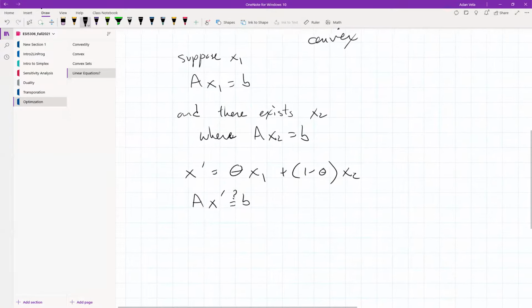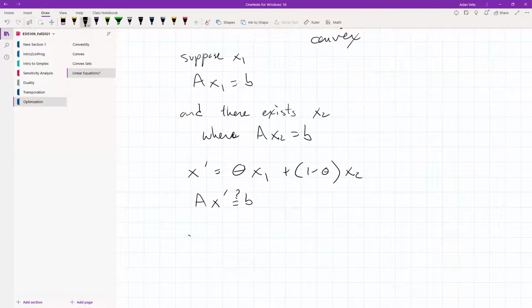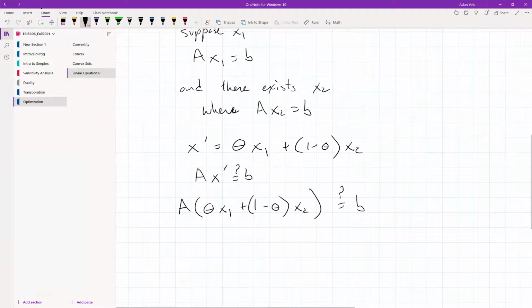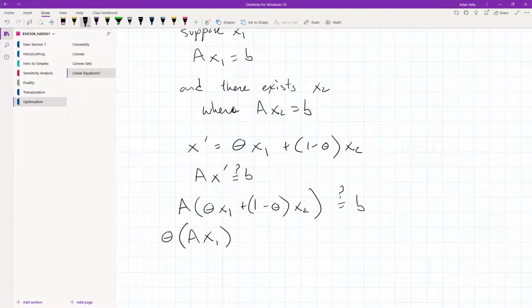So we can check that really quickly. Let's start plugging stuff in. For x prime, we're just going to have theta x1 plus 1 minus theta x2. And again, is that equal to b? If we start multiplying stuff out, we end up with A times x1 times theta, plus 1 minus theta times A times x2.